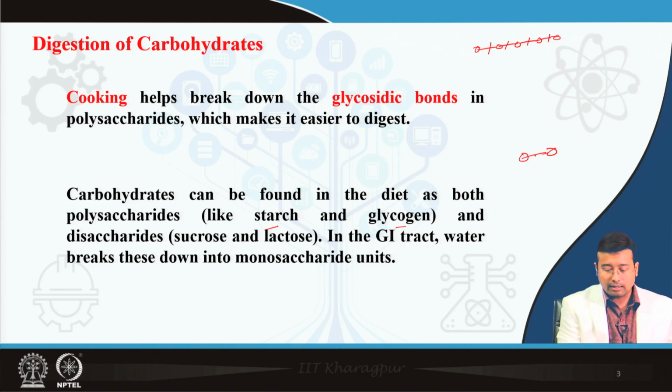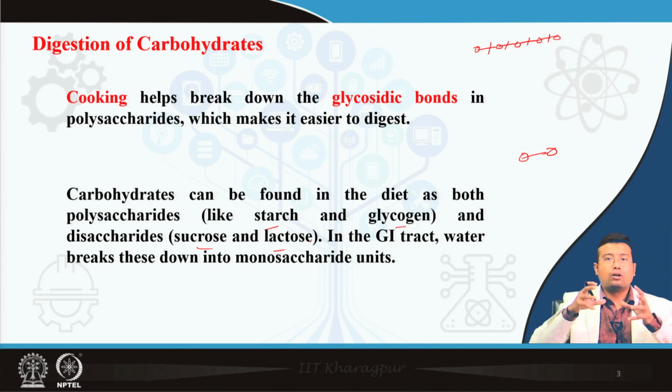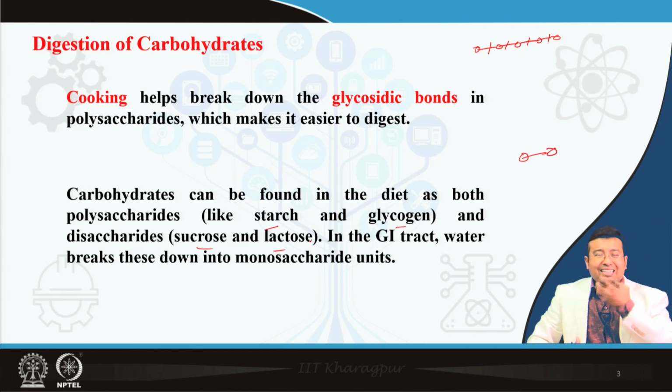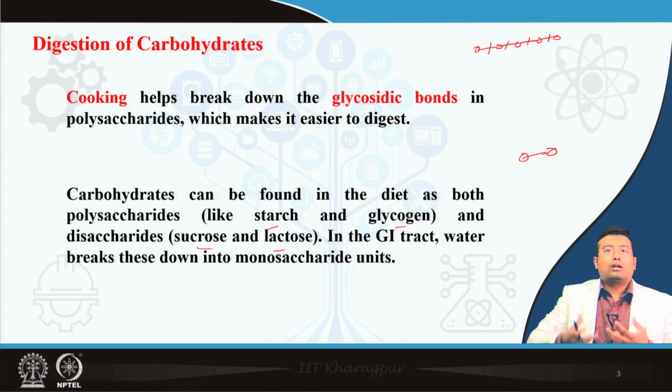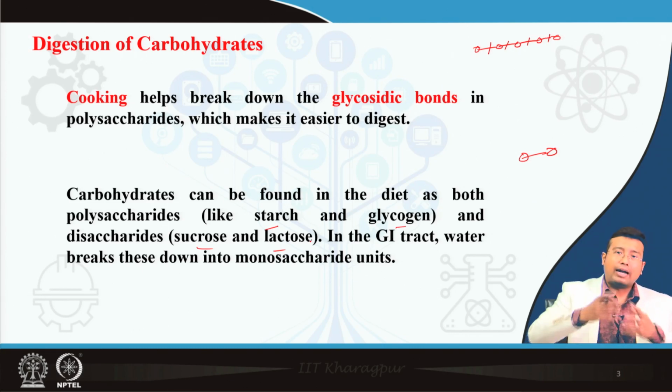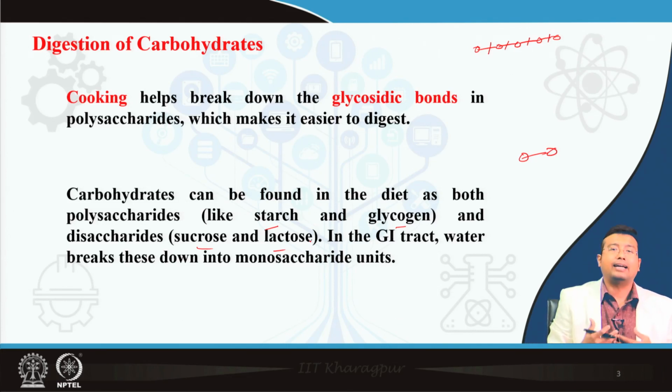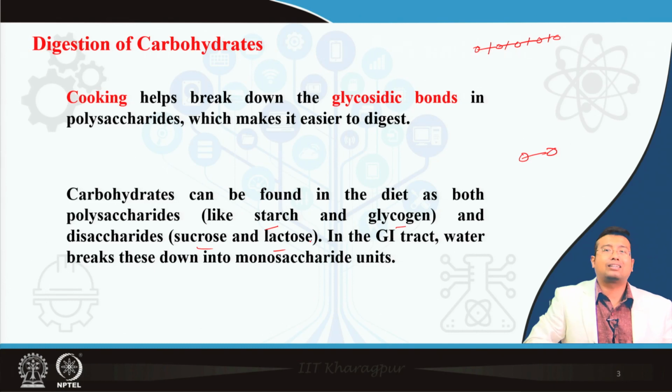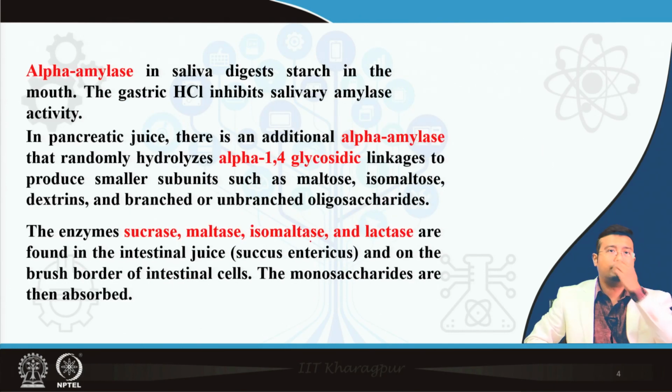Examples of disaccharide are sucrose and lactose, right. So, what happens in the GI tract, water breaks these down into monosaccharide units. Whether it be polysaccharide or disaccharide, it will be easily broken down as it goes down into our gastrointestinal tract or GI tract, and we can then easily absorb them.